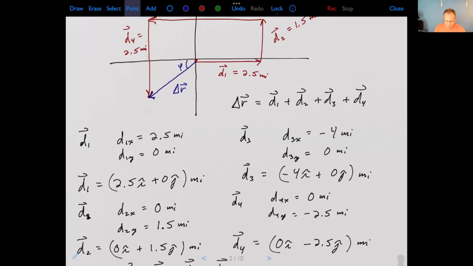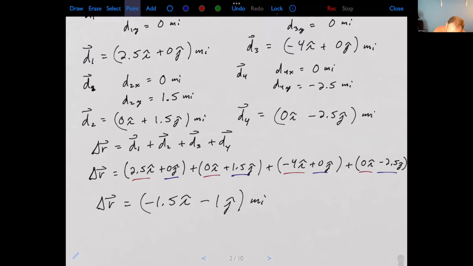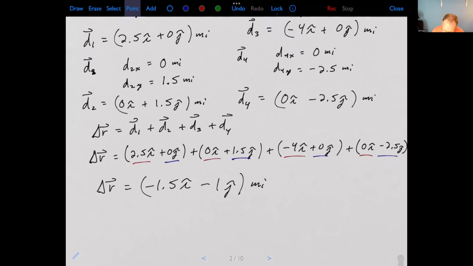Now, ultimately, I want this to be in polar form, right? I want the magnitude of this vector, of this displacement, and the direction. Well, we know how to do that, right? From our study of vectors. How do I find the magnitude of this? Well, I need to use the Pythagorean theorem, right?